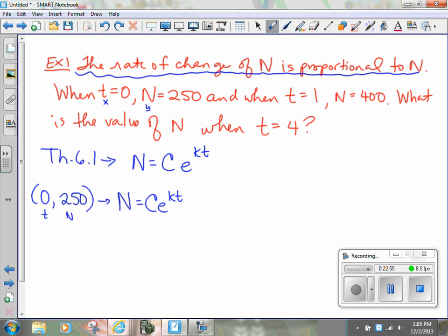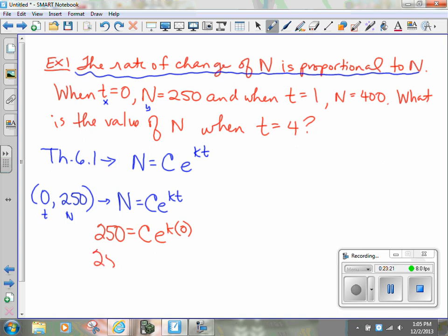N is 250. C, I don't know. e is really just what? 2.7 something, right? It's a number. k, I don't know. But t is 0. What's going to happen there?